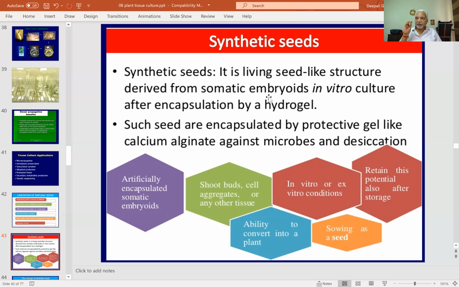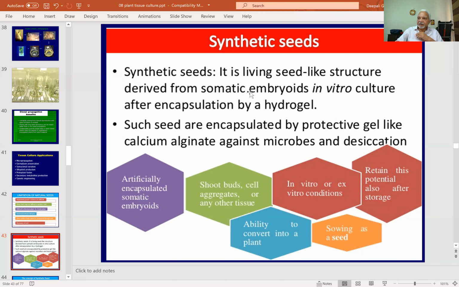So what is artificial seed, or synthetic seed? You take the somatic embryos and encapsulate them with a gel-like substance. When you cover the somatic embryo with this gel-like structure, it protects the embryo from microbial attacks, things like that.